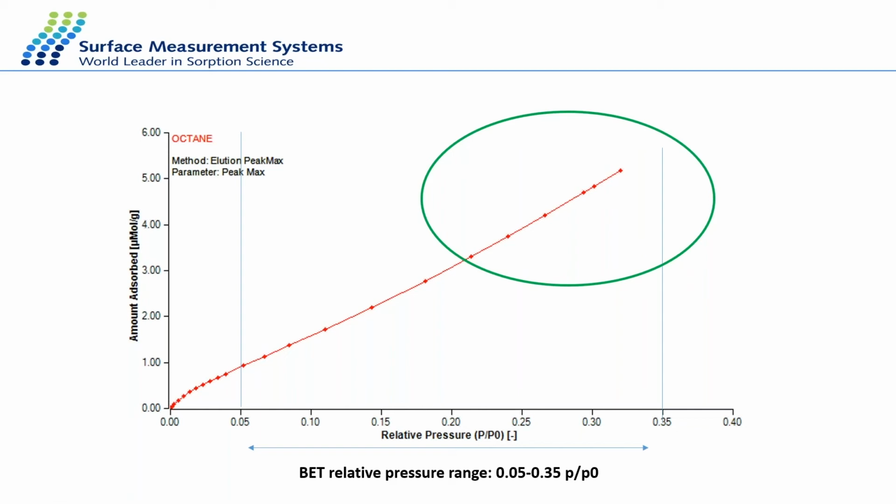But for example, if the first injection is in a lower relative pressure range, for example around 0.1 or less than 0.05, that means that probably I will not have enough data points in the BET pressure range to analyze the BET specific surface area accurately.